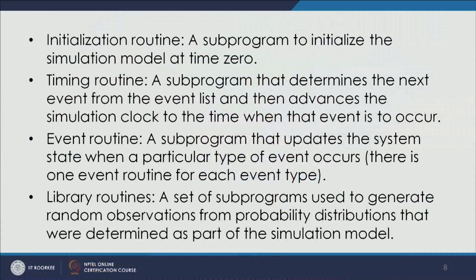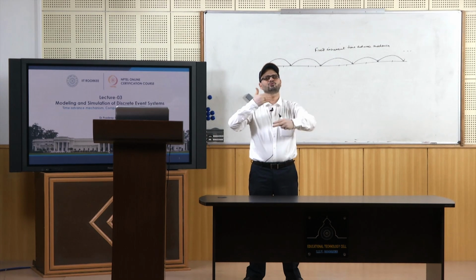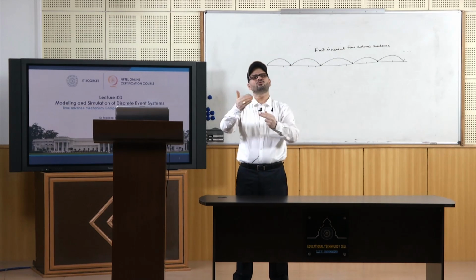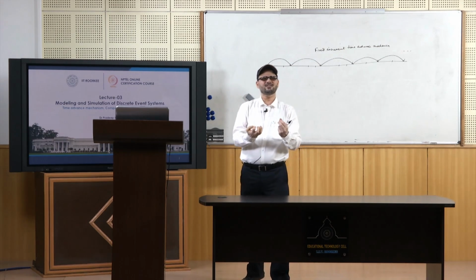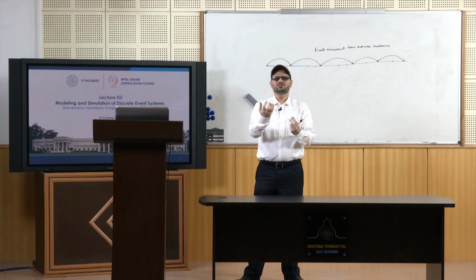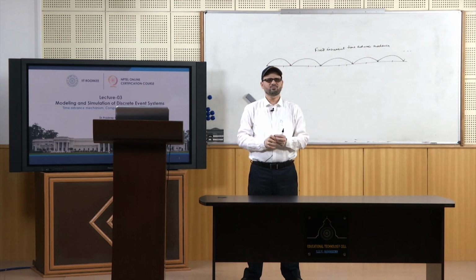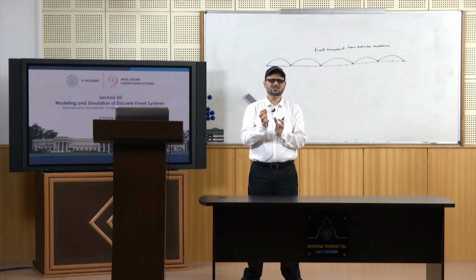Then the initialization routine. Once we start making a program, you have to initialize the values to 0, combine with the main program, and then move on. Every time an event occurs, at that particular event time it will update all the system state values, and then ask whether the simulation is over.